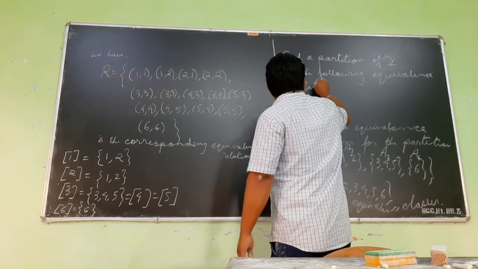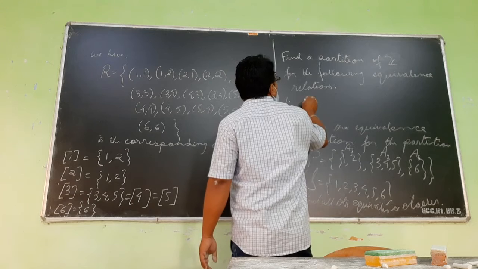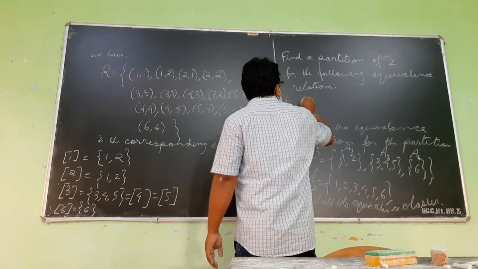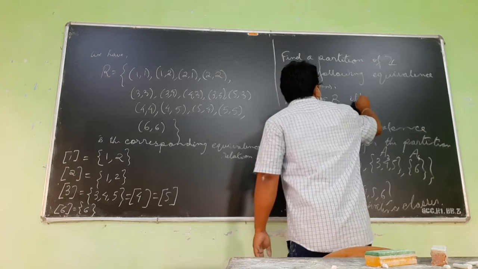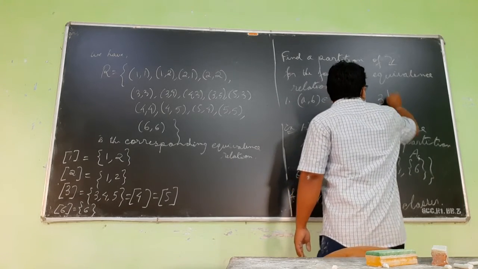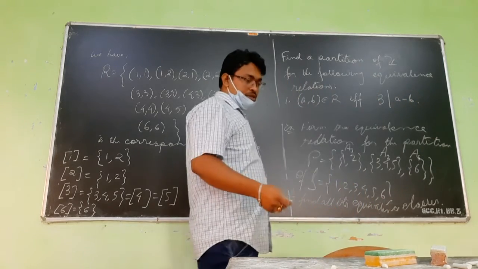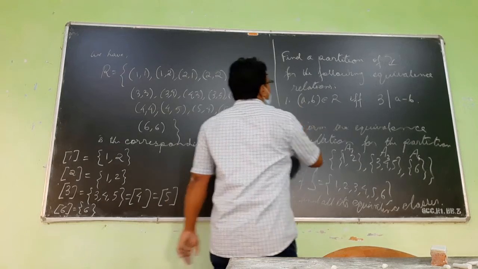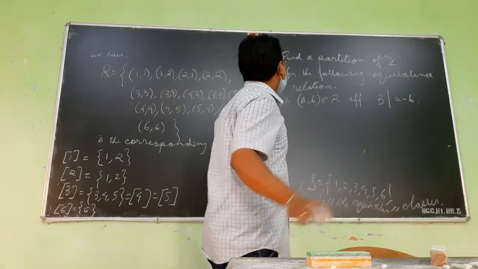Number one: (a, b) belongs to R if and only if 3 divides a minus b. For this equivalence relation, you find out the partition.